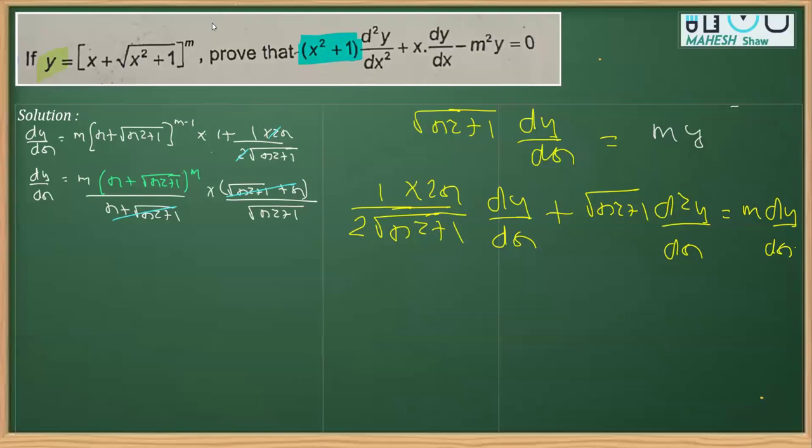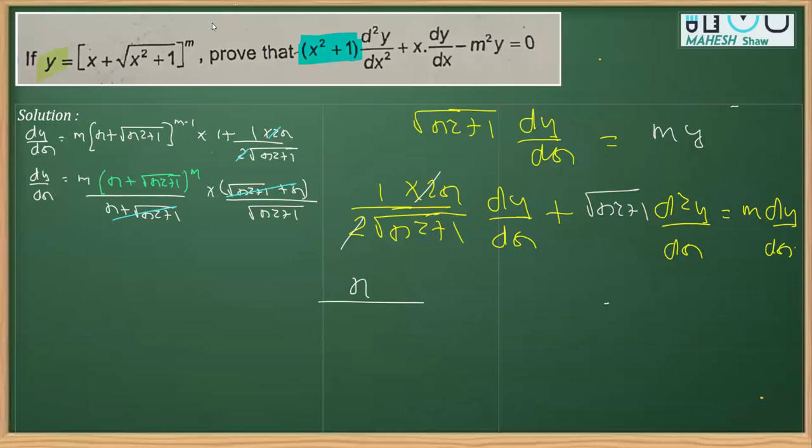Now we can see that we need m square. First of all, let's see what we can resolve. This is getting cancelled. And we need a square of this. That means multiplying both sides with respect to this thing, that is by this root x square plus 1. If I multiply on both sides, I can see this gets cancelled.